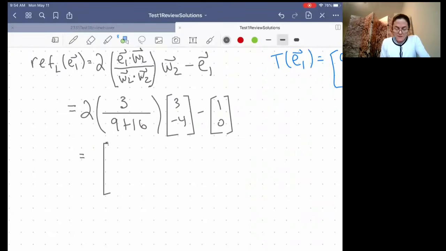Okay, so here we have 9 and 2 makes 18. 18 over 25. And then the second component, we see it's 12 and 2 minus 24 over 25. And then we subtract off 1, 0.